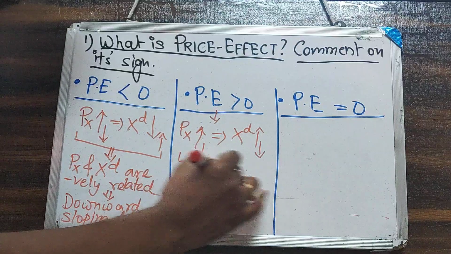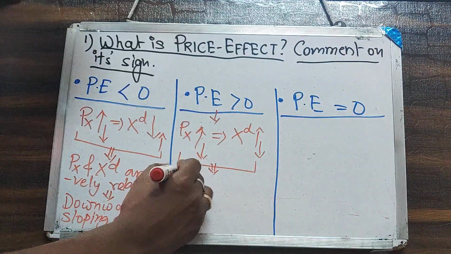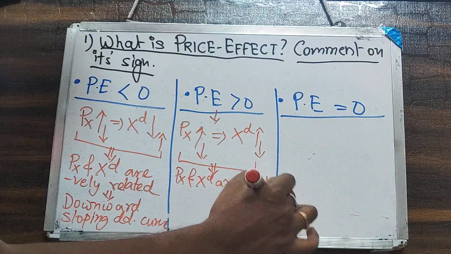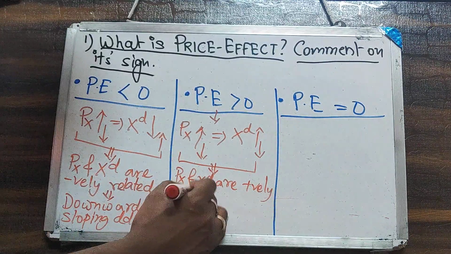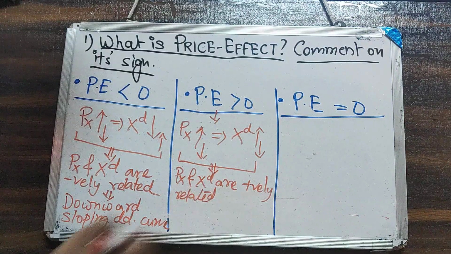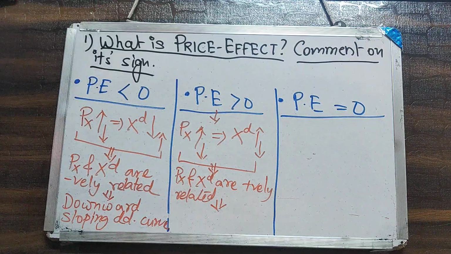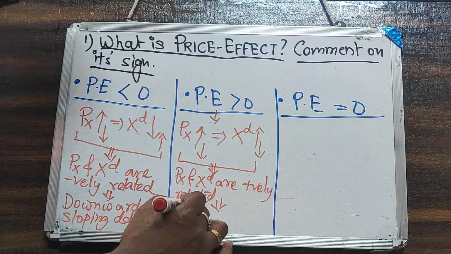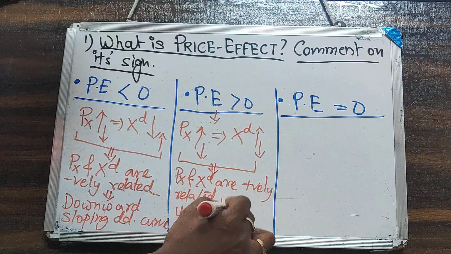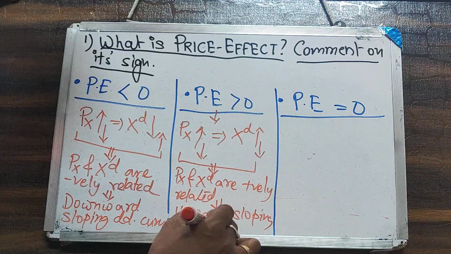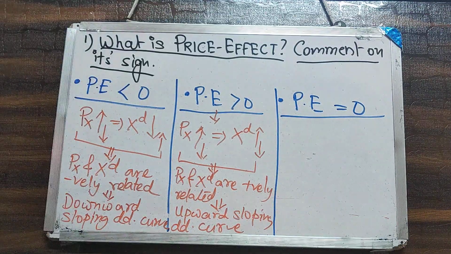So here Px and Xd are positively related to each other. So in case of positive price effect, demand curve will be upward sloping.